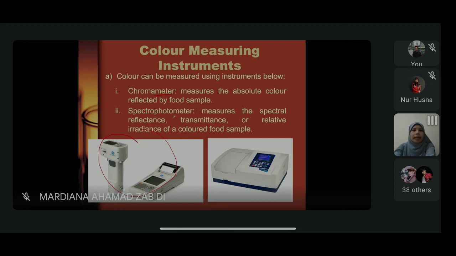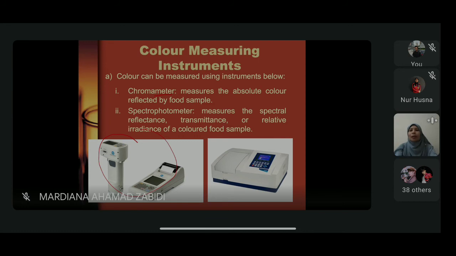Okay, and then we have the spectrophotometer. The spectrophotometer measures the spectral reflectance or transmittance or relative irradiance of a coloured food sample. So for example, if you want to measure the intensity of the colour, you can check the transmittance as well as the absorptivity of that particular colour.